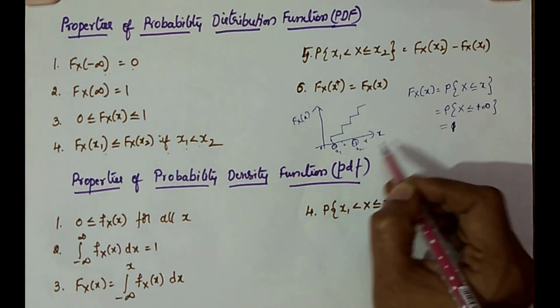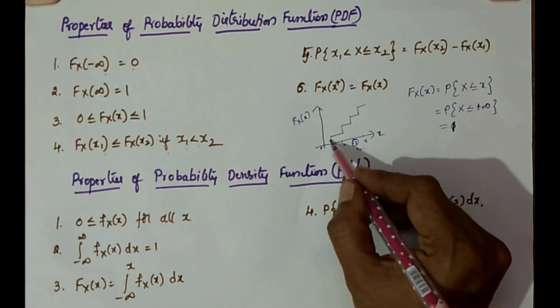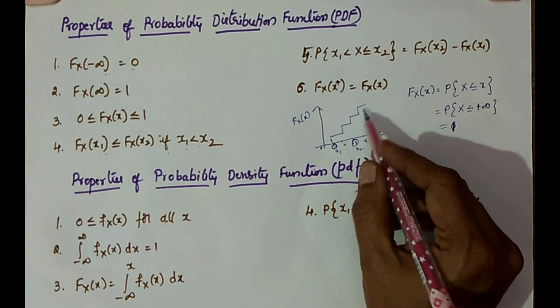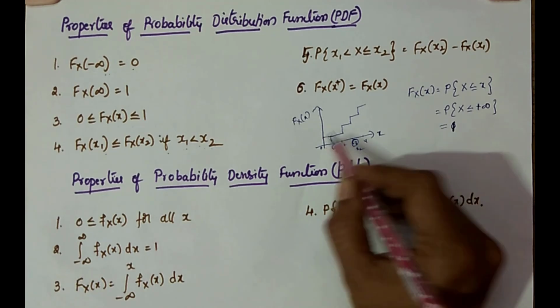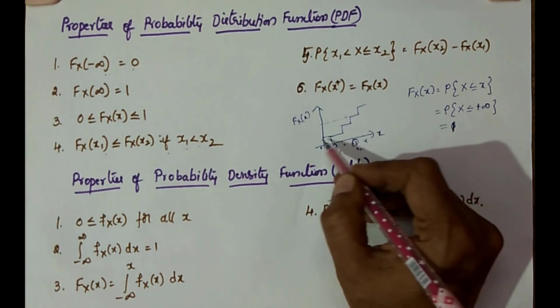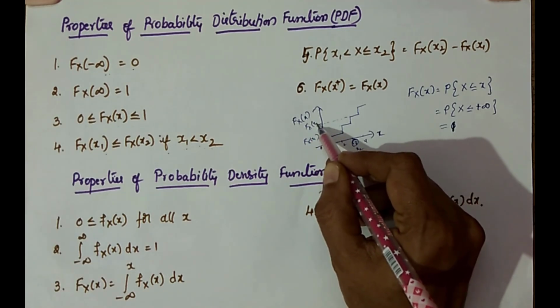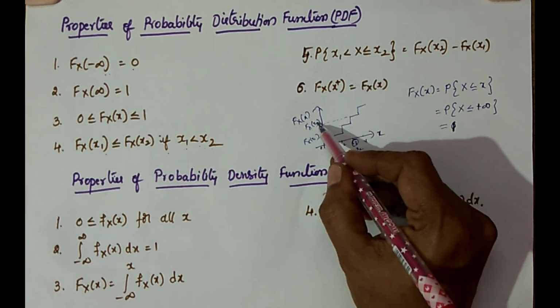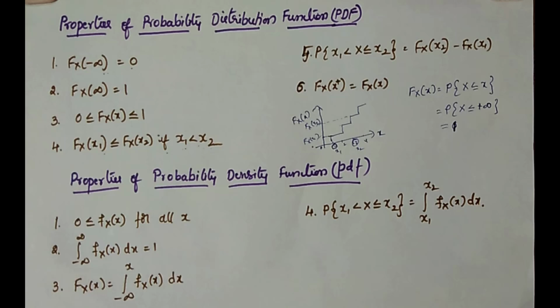As 1 is less than 3, you can observe in the distribution that this is the value of F_X(x1) and this is the value of F_X(x2). F_X(x2) is greater than F_X(x1).